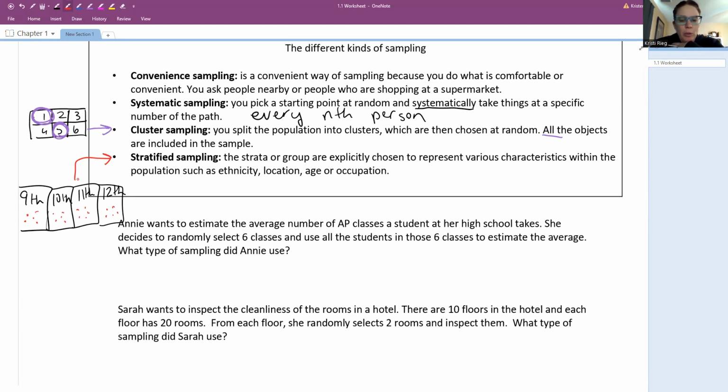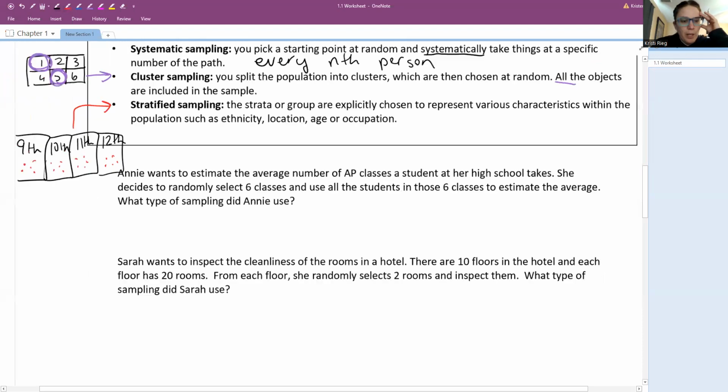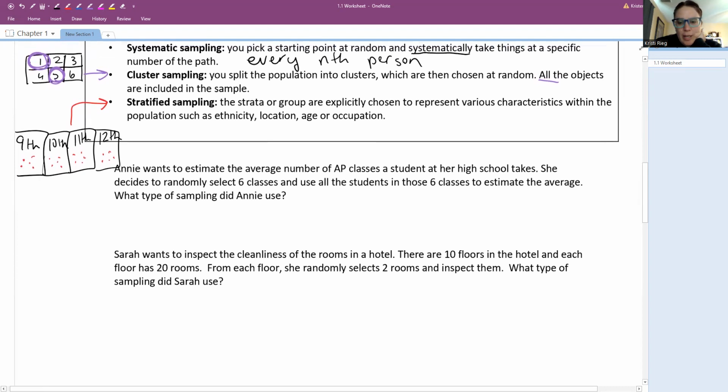Okay, so these are the 2 that are definitely most complicated. So I put them in these 2 examples below to figure out which one's cluster and which one is stratified. Okay. So it says Annie wants to estimate the average number of AP classes a student at her high school takes. She decides to randomly select 6 classes and uses all the students in those 6 classes to estimate. Okay, so she randomly selected 6 and used all the students in those 6.